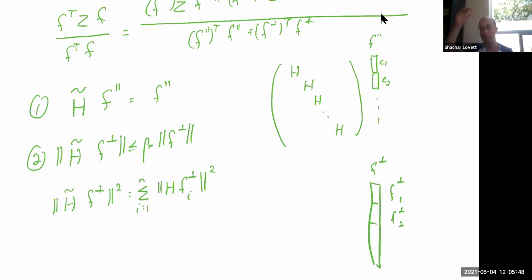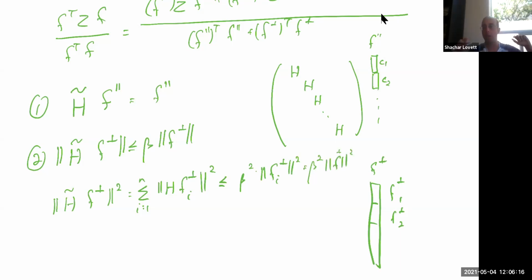This is the L2 squared norm, the sum of the squares. Each one of those, because H is a beta expander and F perpendicular i is orthogonal to the all one vector, is at most beta squared times F perpendicular i squared, which in total is just beta squared F perpendicular squared.